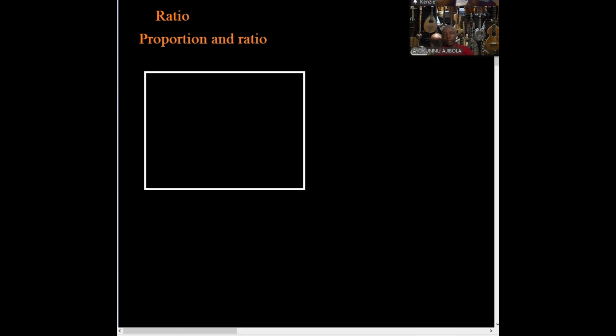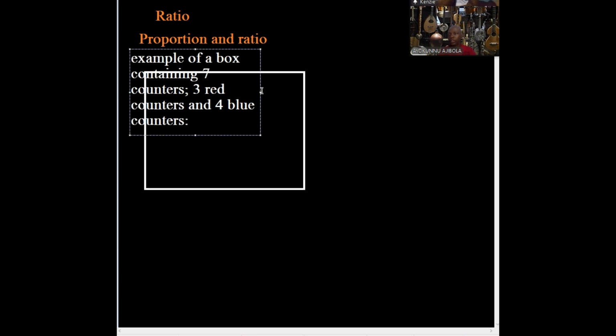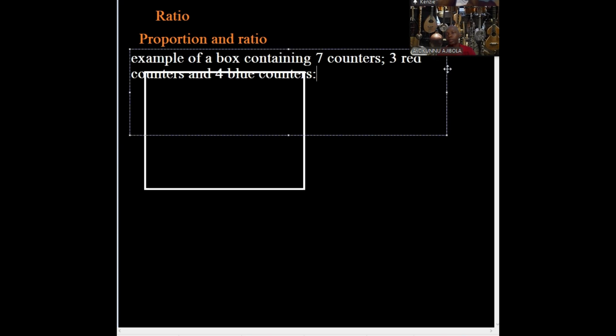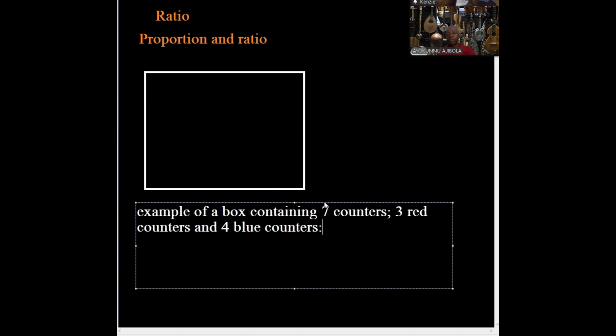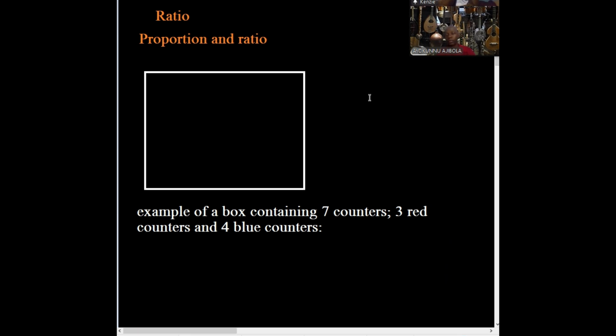Let me write that down. So if we have a box that consists of seven counters, maybe out of seven counters, we have three red and four blue counters.